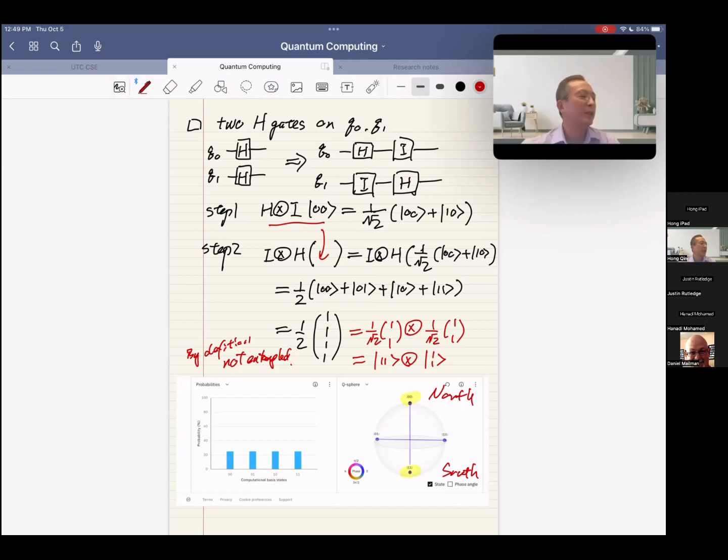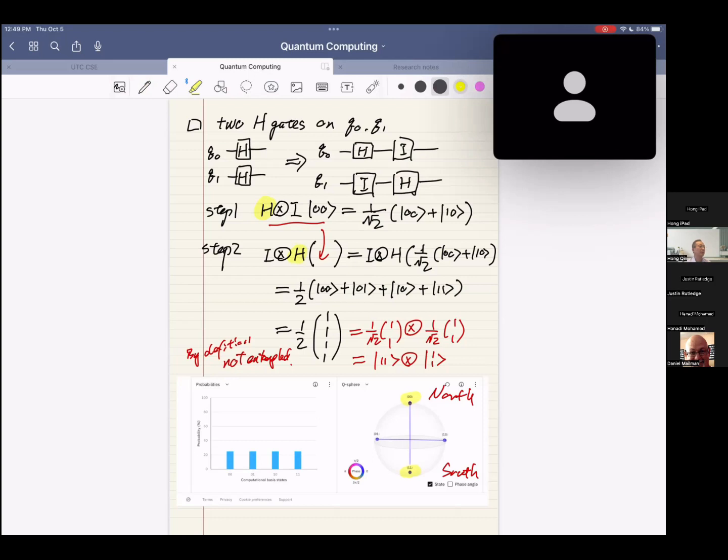Oh, I see. Because the H is not applied to the same qubit. When we apply the H here, these two H are applied to different qubits, different positions in the matrix. So why didn't we make the tensor product together from the beginning? Why did we enter the identity?